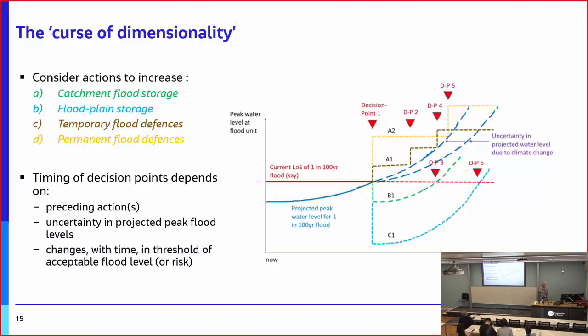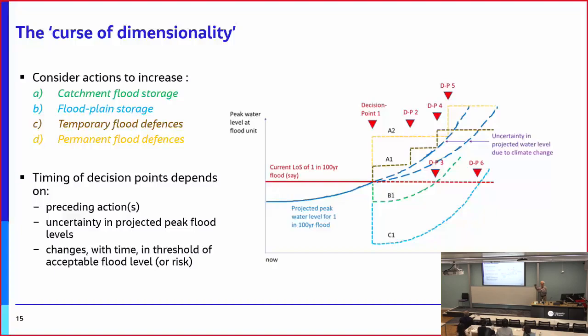And even if you keep them separate, you very quickly run into the curse of dimensionality, where I've shown 4 interventions here: catchment flood storage, floodplain storage, temporary flood defences, permanent flood defences. And you've got multiple decision points emerging. And the timing, what we're really interested in is the timing of those decision points, potentially.